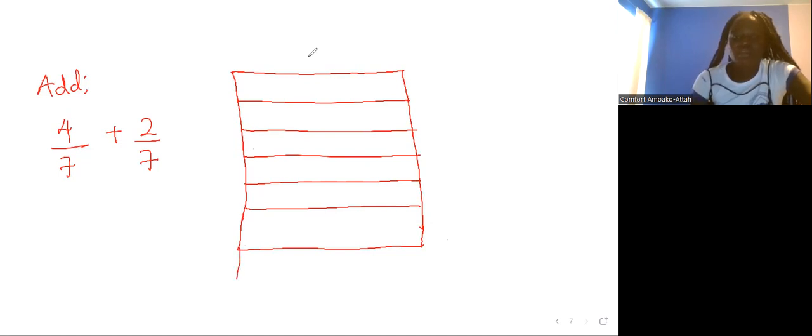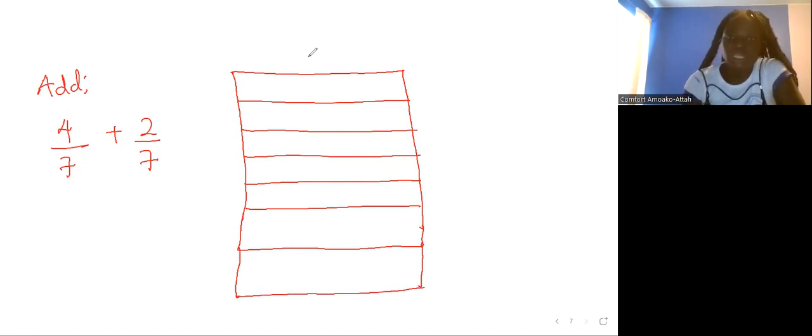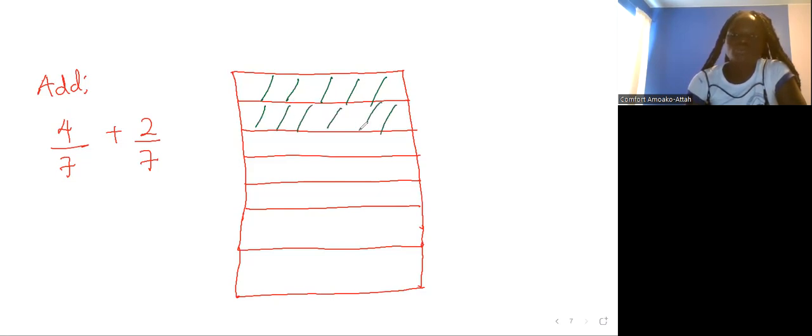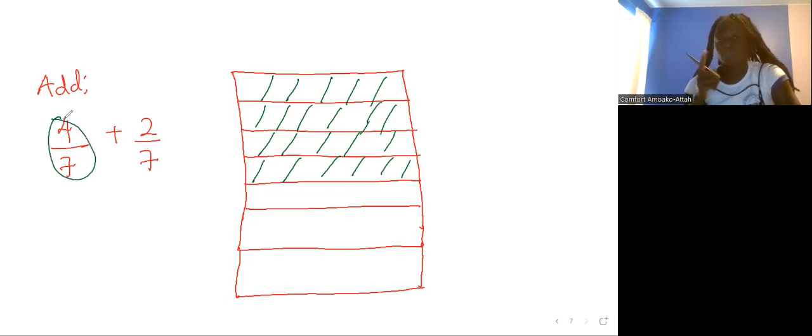Okay, let me create another part down to get our 7 divisions. Great. Then we shaded 4 out of it, right? 1, 2, 3, and 4. So this is representing our first fraction, which is 4 over 7.